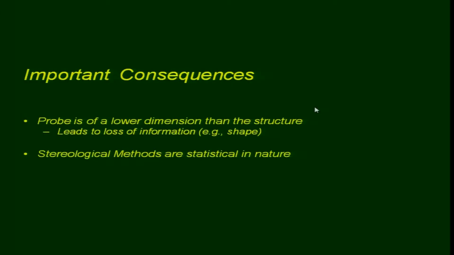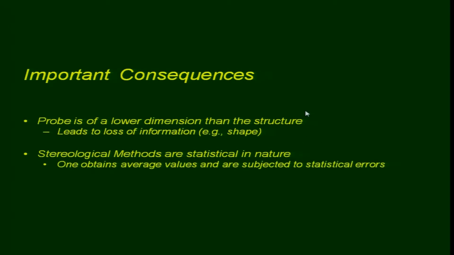For example, for the graphite nodule microstructure I had shown, if we assume them to be spherical particles as an approximate shape, then I can go ahead and perform certain stereological analysis. Stereological methods are statistical in nature, and hence they are subject to statistical errors, and we have to obtain average estimates.